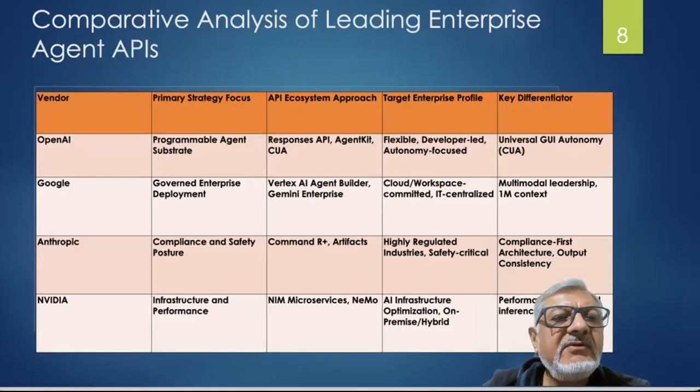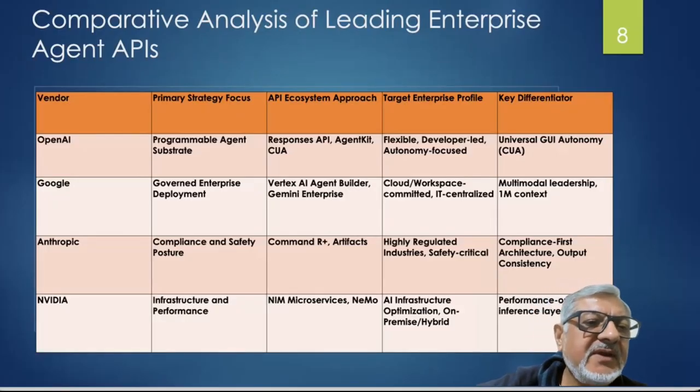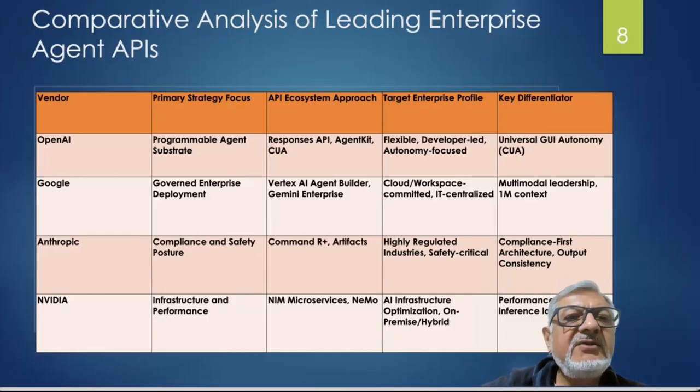So in this slide, we are comparing different vendors like OpenAI, Google, Anthropic, NVIDIA. Each one of them has specific focus, capabilities and APIs. In the first column, we see the strategy focus area: NVIDIA focuses on infrastructure and its performance, whereas Google focuses on governed enterprise deployment.